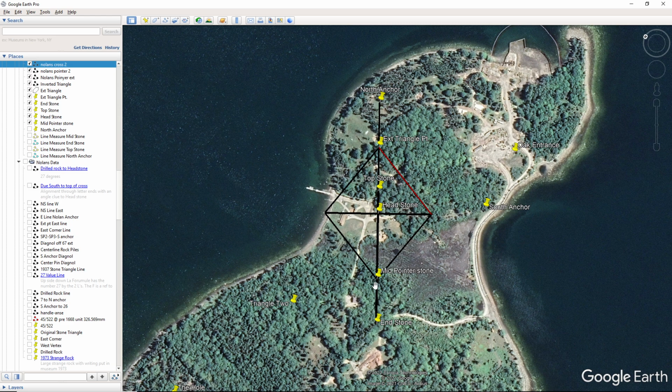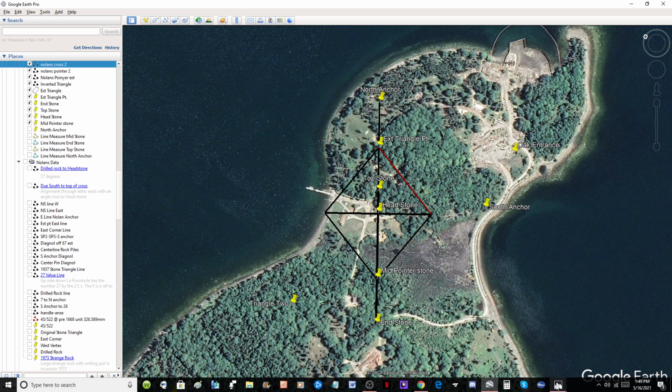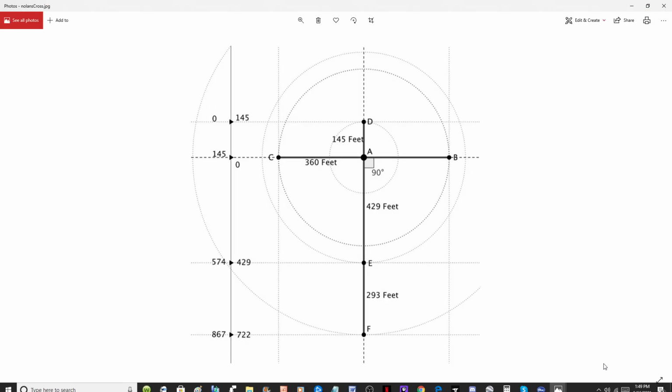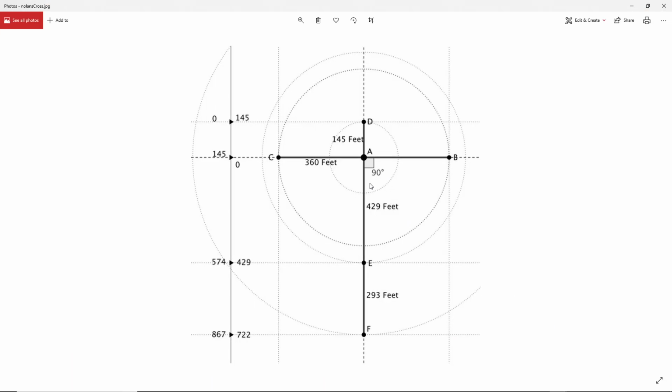That's what we're going to talk about, these triangles here. Now, let me bring up the Nolan's cross thing again. This triangle, which is right here, its height is 429 feet.